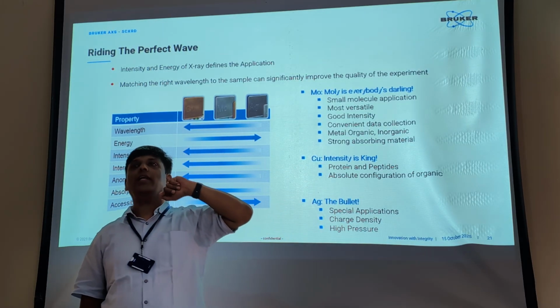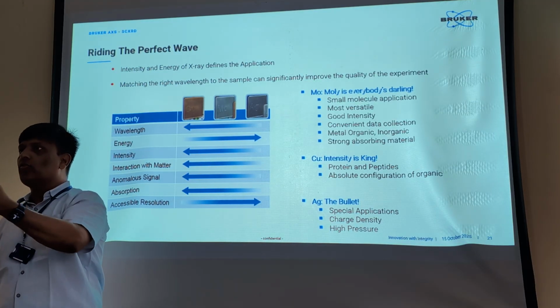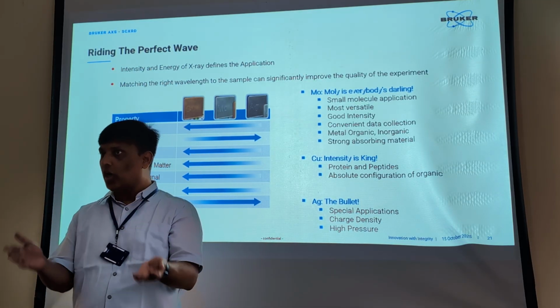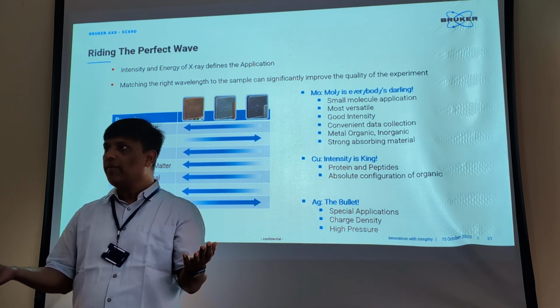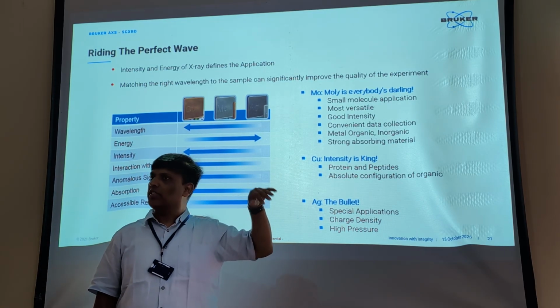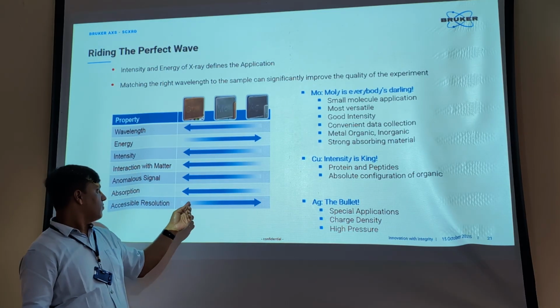For example, if you have sulfur or fluorine, something like that, then for structure determination molybdenum is the ideal solution because it has a shorter wavelength and will collect the data in a much faster way. Most of the structures published till now use molybdenum. It has less absorption as well.